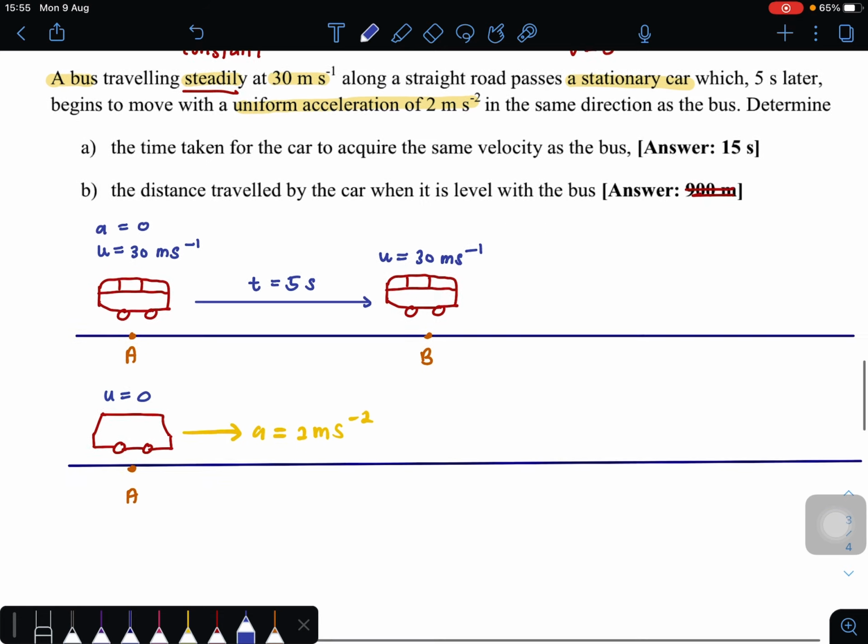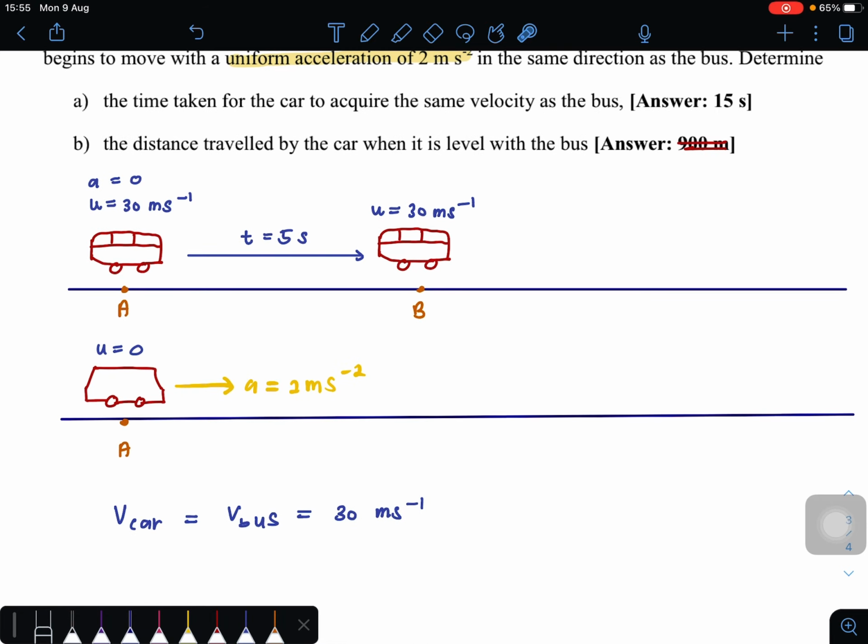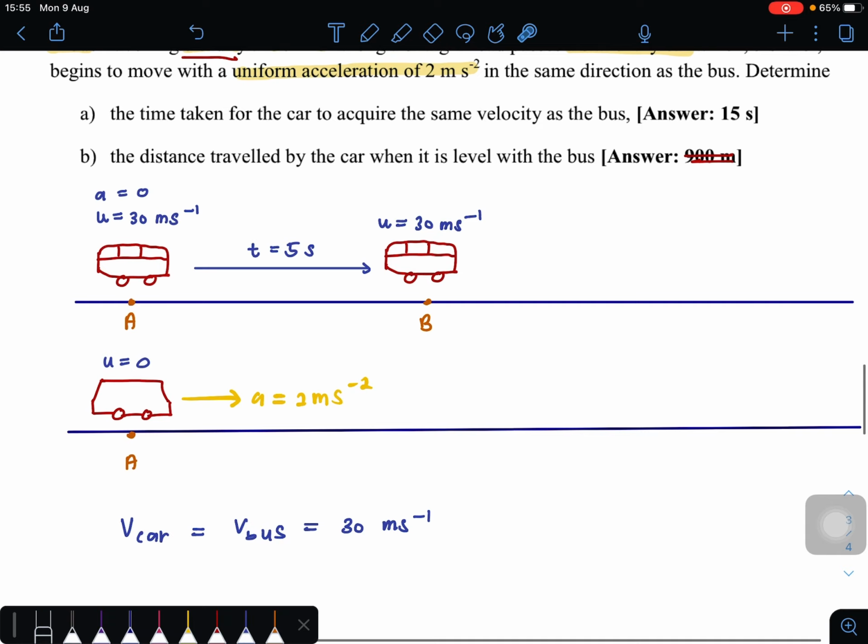So now we want the car to have the same velocity as the bus, which is 30 meter per second. Dia bukan same distance, dia same velocity. Okay, bukan bermaksud dia kena dekat sini kereta ni. No, that's not what the question asks. Question asks the time taken.